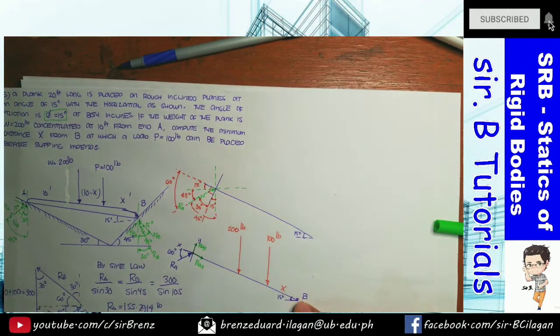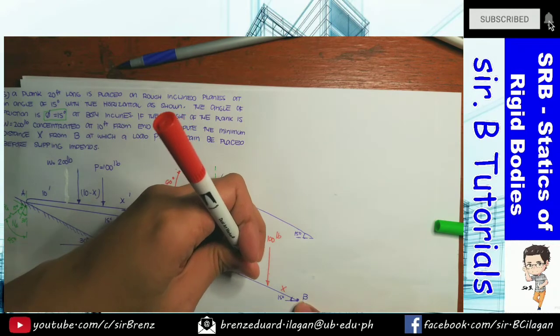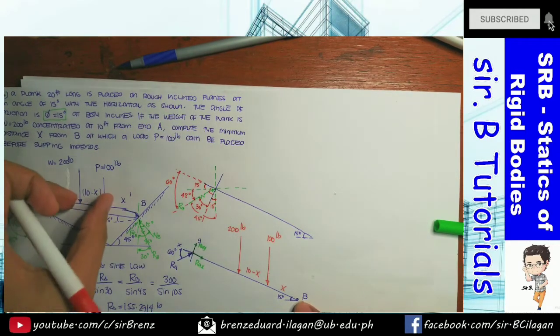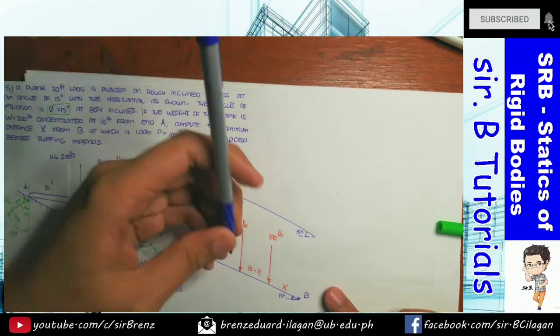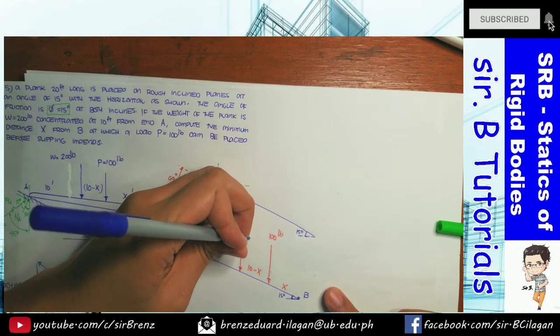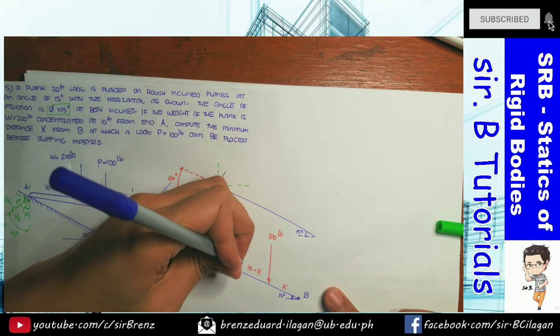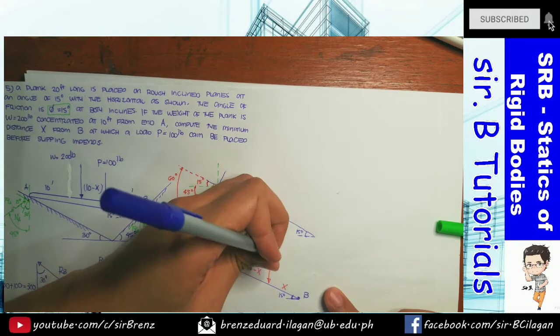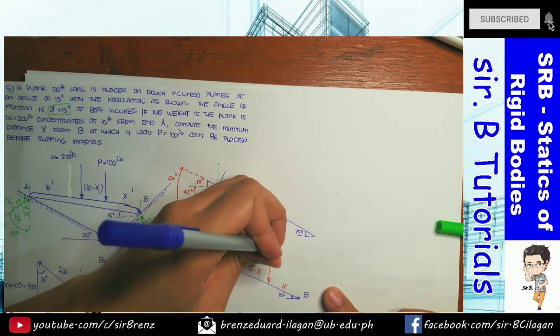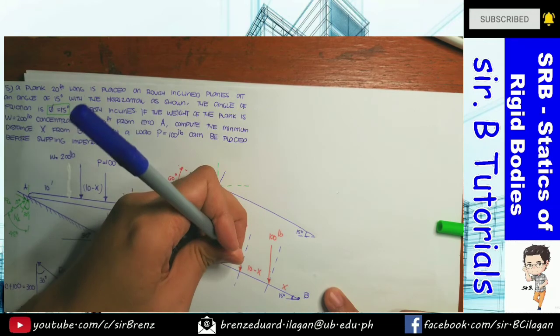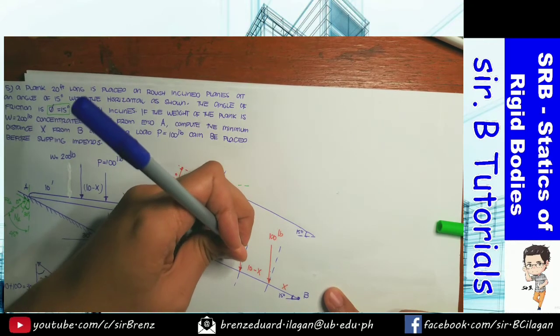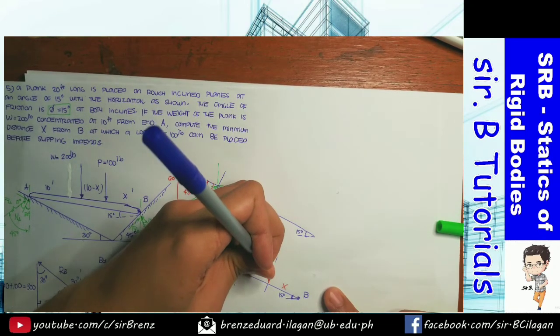Okay? And ito will be 10 minus x coming from this. Okay? So, kung ganyan yan, so ito, this will be equals to 15 degrees. Okay?